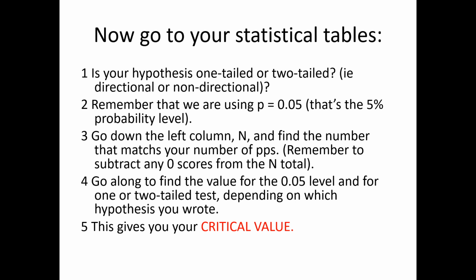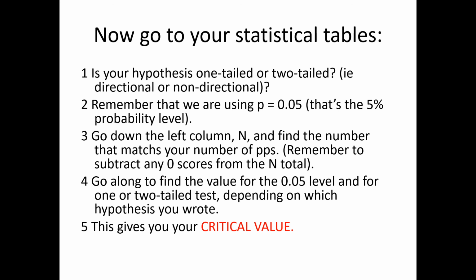So, for example, Loftus and Palmer, a one-tailed directional hypothesis, you might have written something like participants who are given the verb smashed in the critical question will estimate higher speeds in miles per hour than participants who are given the verb contacted. So if you've written something like that, then you've got a one-tailed / directional hypothesis.